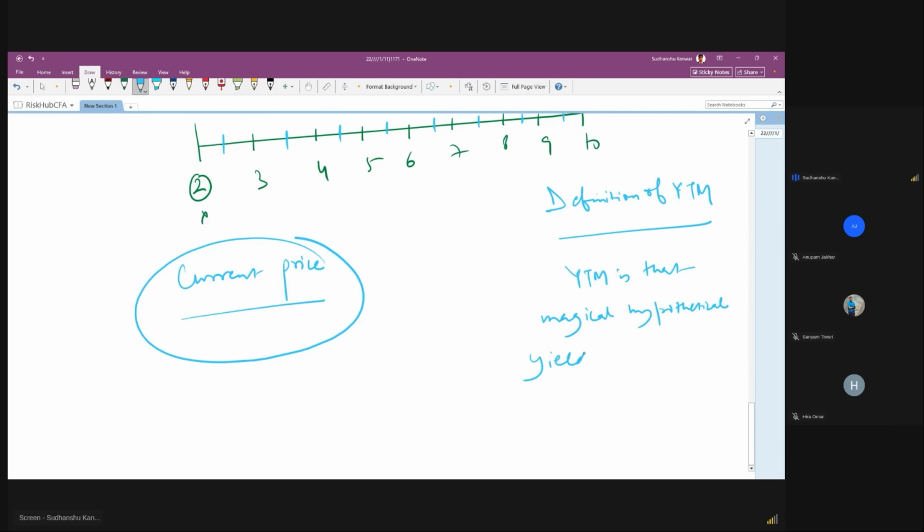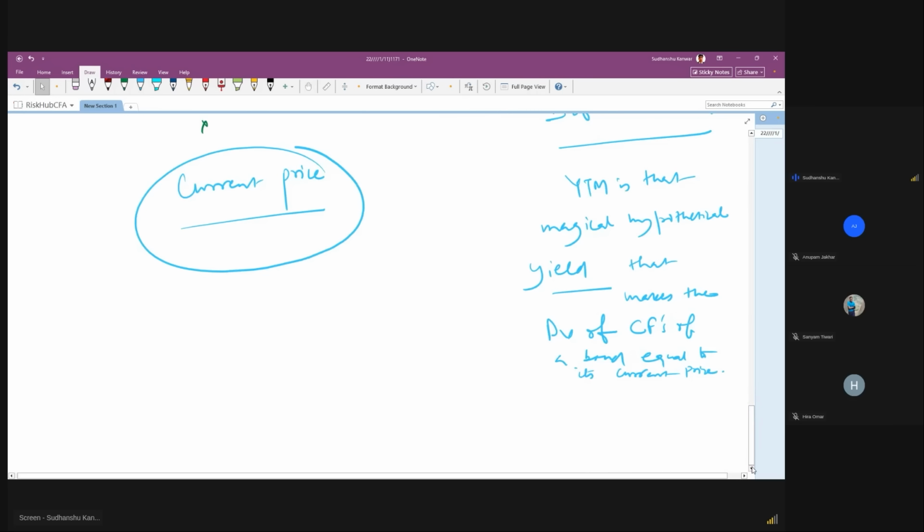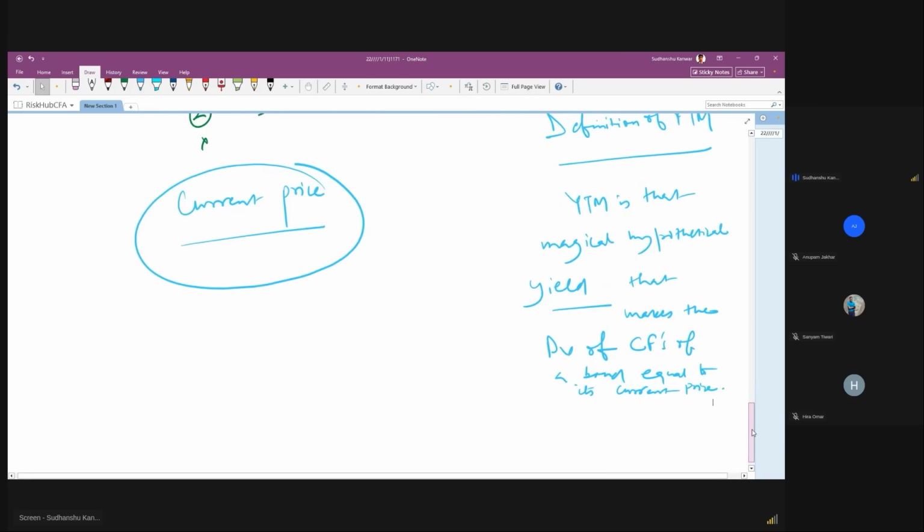It is not observed in the real world. It is the yield that makes the present value of cash flows of a bond equal to its current price. This is what I wrote in the definition earlier also. When I go there and change the screen, I'll show you. So by this definition, it becomes very clear.